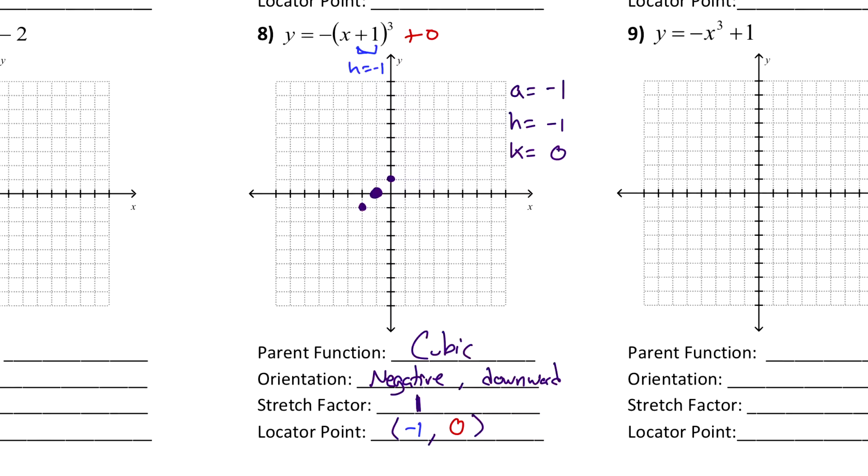So if I plug in the number 1, that's going to give me 1 plus 1 is 2, 2 cubed is 8. Oops, I have these in the wrong place.